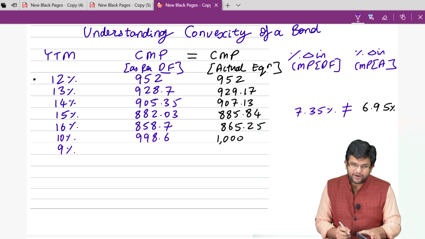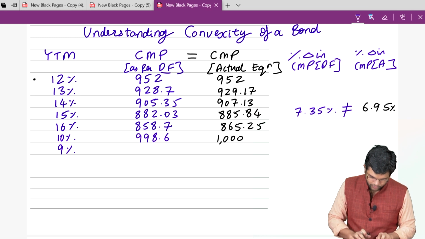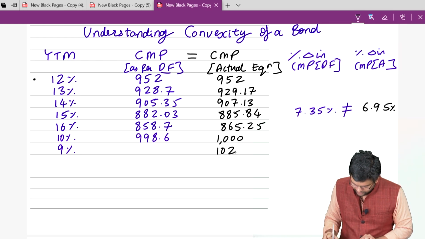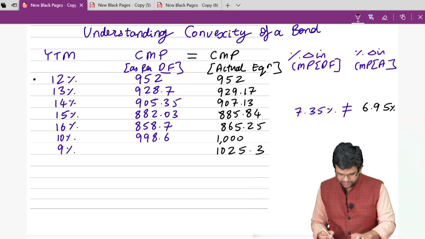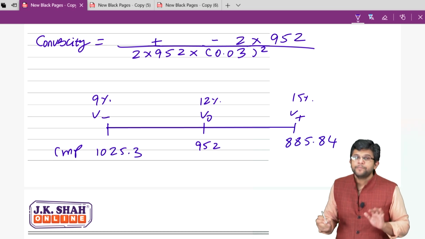So children, if I do it at 9%, this will be 100 divided by 1.09, plus 100 divided by 1.09 squared, plus 1000 divided by 1.09 cubed, that is the market price. And this, children, will come to, in the black ink I'll write down, the actual figure is 1025.3. So where will I write it? Here I'll write it, 1025.3. Everyone clear?